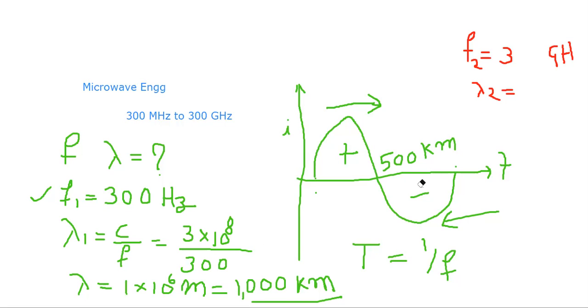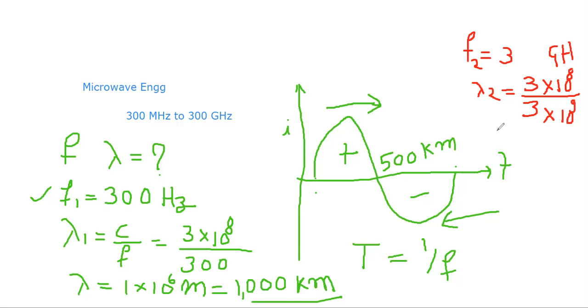So what will be the equation here? Here you have to put 3 into 10 to the power 8, the speed, divided by the frequency of 3 gigahertz, which is 3 into 10 to the power 9.